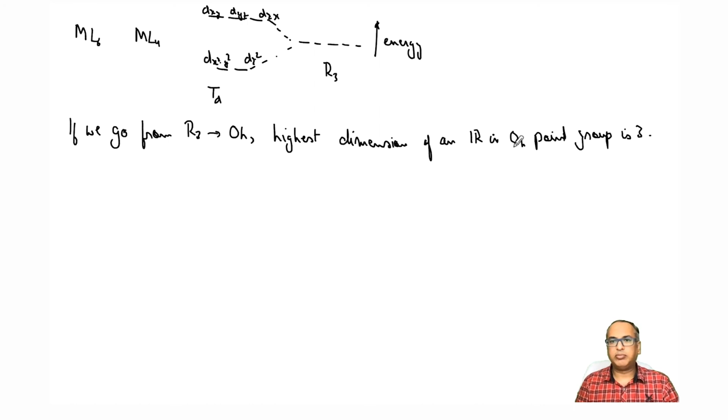That we can see from the OH character table, that the highest dimension of an irreducible representation is 3.